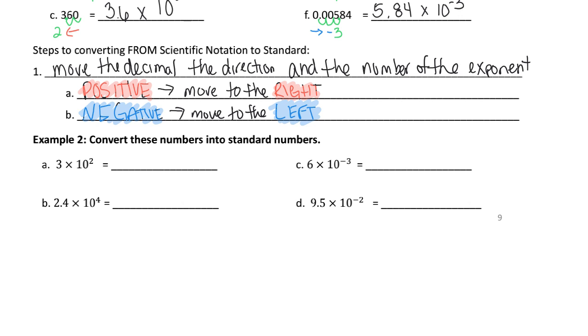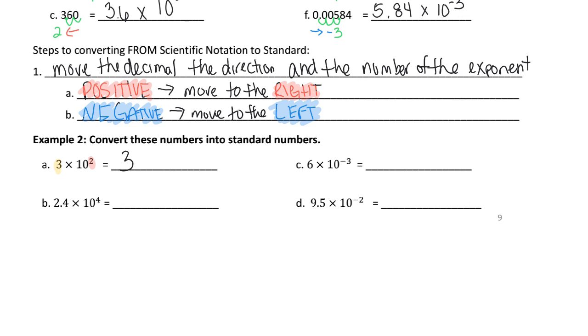All right, so we are going to start by putting whatever your C value is. It's whatever this number is out front, that's what I'm going to start by putting there. So I'm going to put a 3 here. And then this exponent is a positive 2. So that means I'm going to move my decimal 2 places to the right.